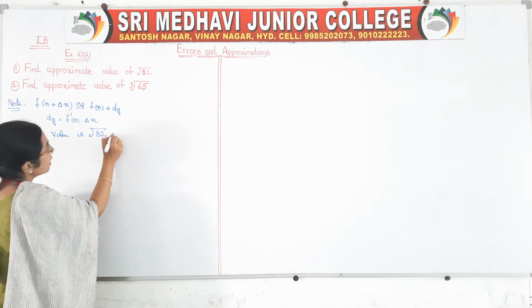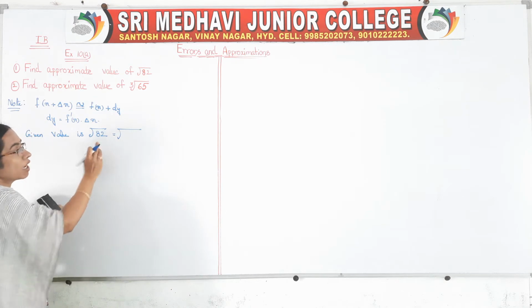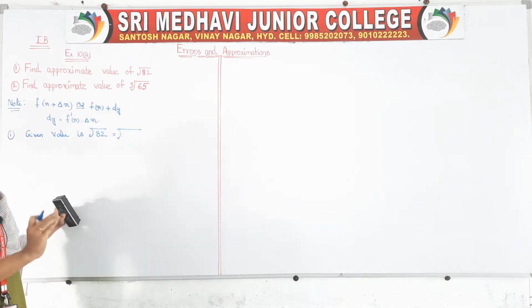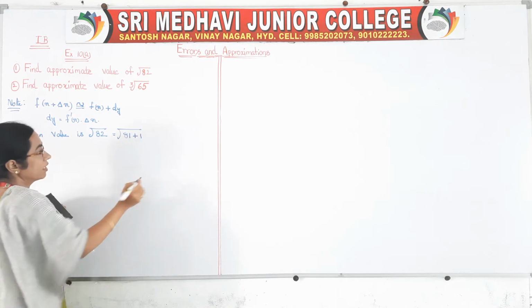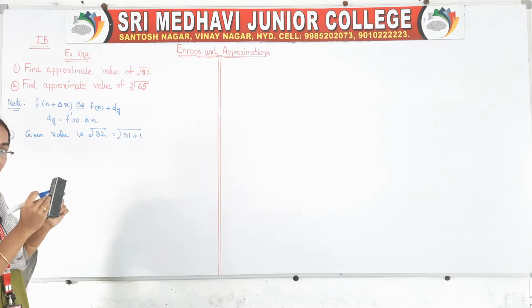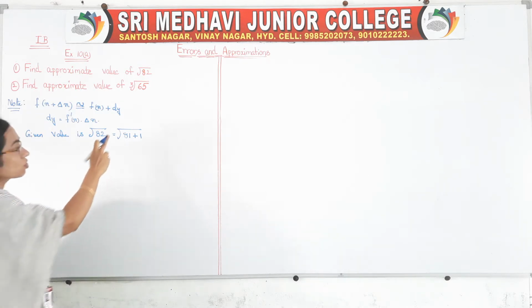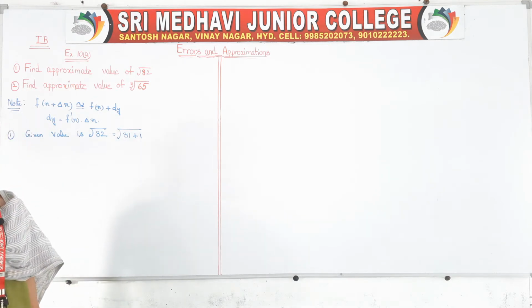How can we write this? 82 is nearer to a perfect square value, that is 81 plus 1. Try to write the given value as its nearest perfect value. Square root of 81 is a perfect square root, isn't it?